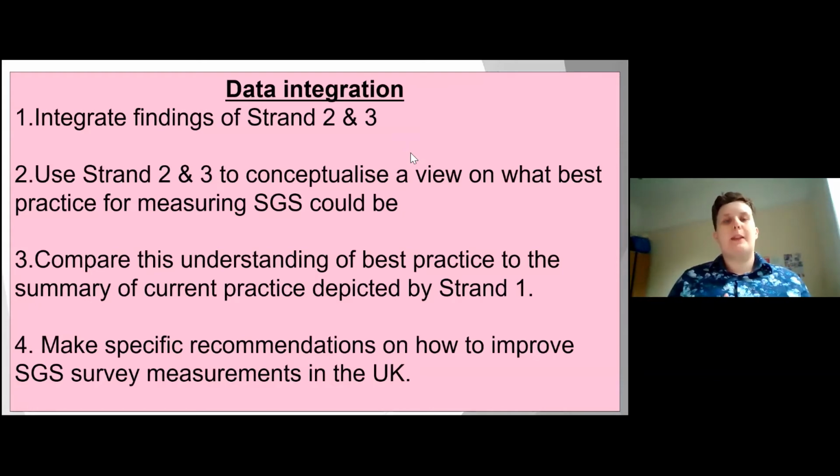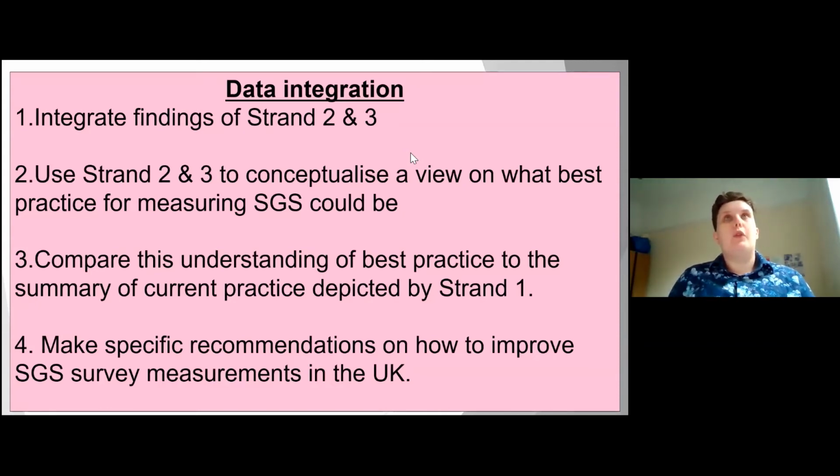And with that understanding of best practice, I'll compare it to Strand 1's findings, so I can see exactly where the current practice is not meeting what overlooked groups would need from survey measurements. And from there I could make recommendations for specific ways that population surveys in the UK could be improved upon.